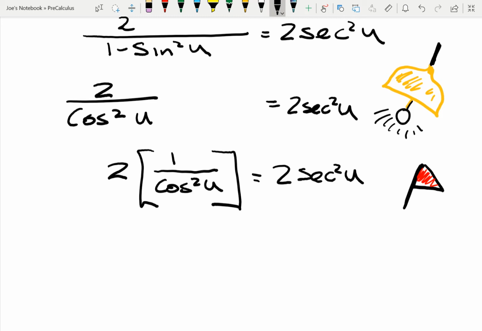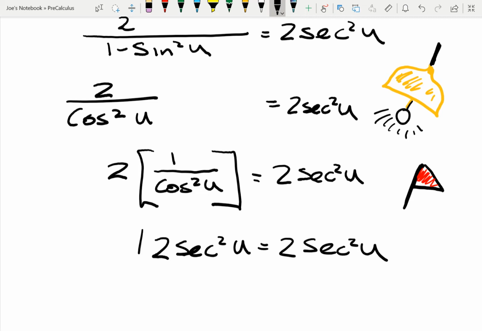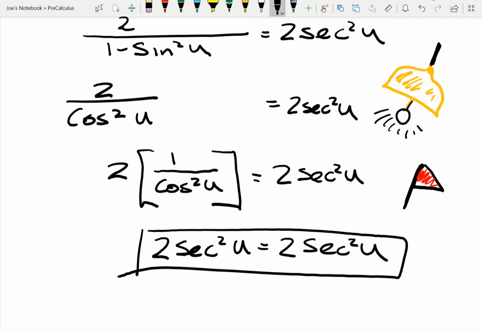And 1 over cosine squared is the same thing as saying secant squared. So identities have been verified. So have a quick look at it.